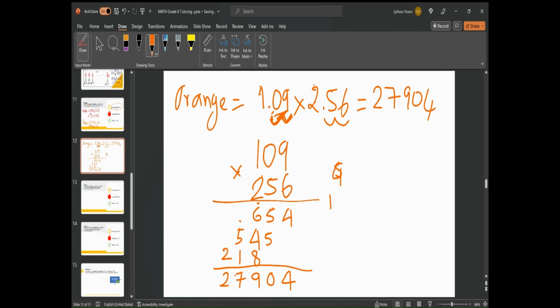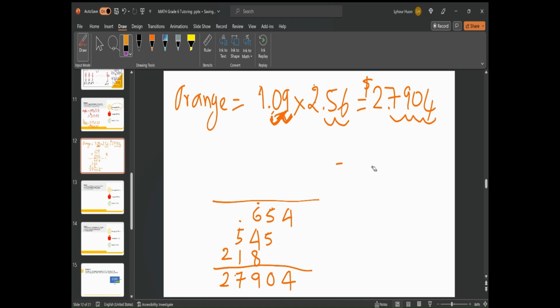Now, when we get the result, we count from the right to the left. So one, two, three, four. So the decimal should be placed here. So the cost of the orange is 2.7904 dollars.